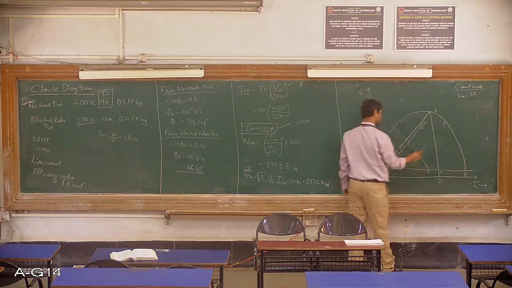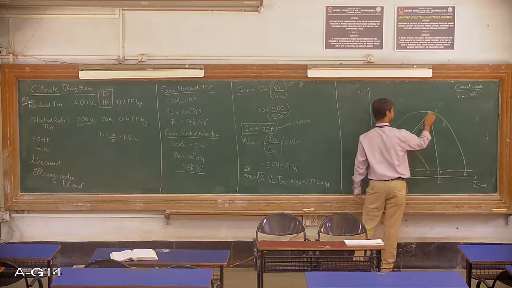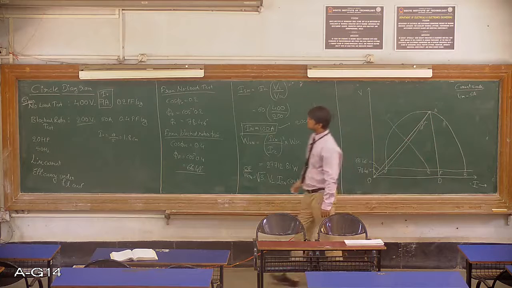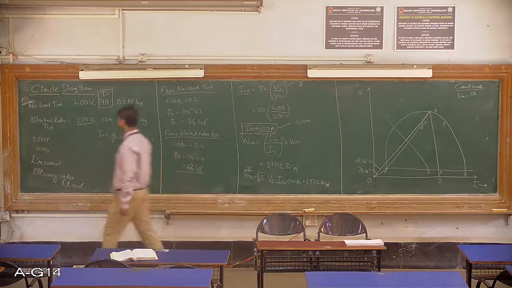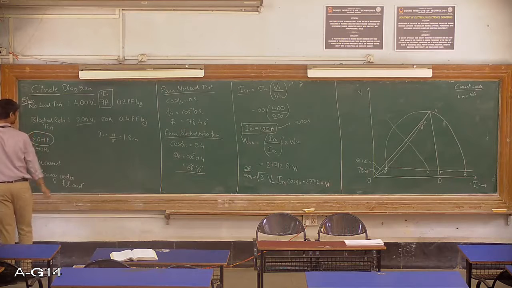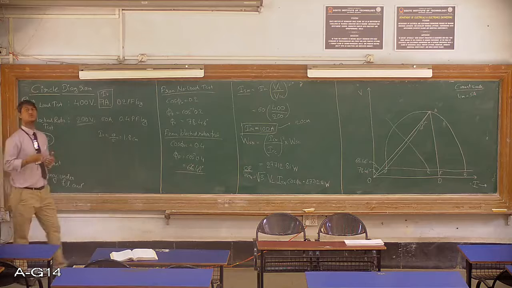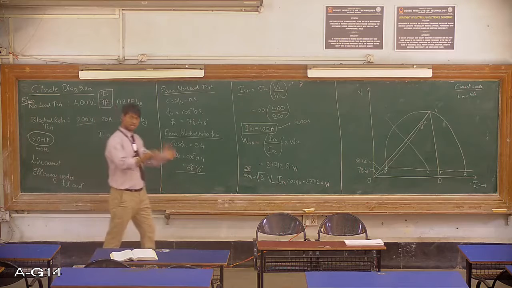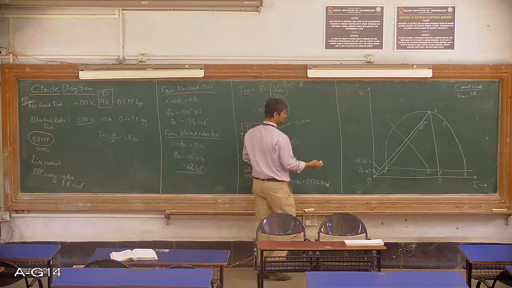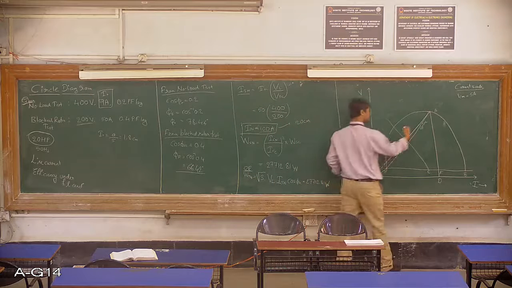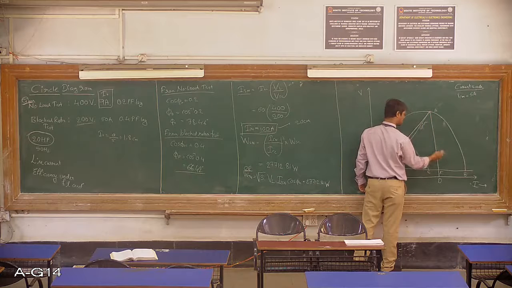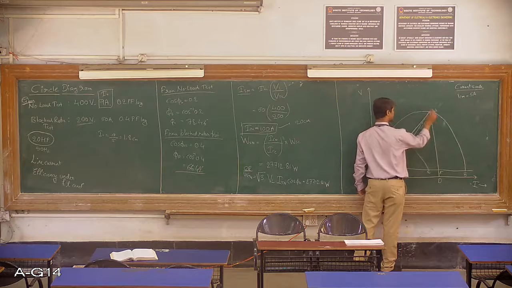Now the output of the machine has to be extended over the point A. We know that the output of the machine is 20 HP. 20 HP is the output available on the shaft of the machine. So 20 HP is available, and before that all the losses have occurred. After that it is giving us 20 HP.